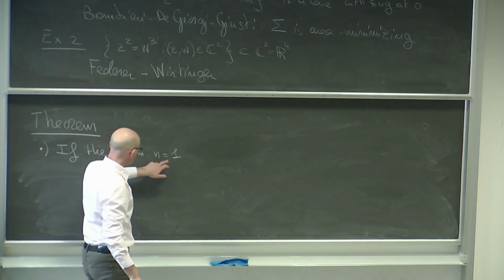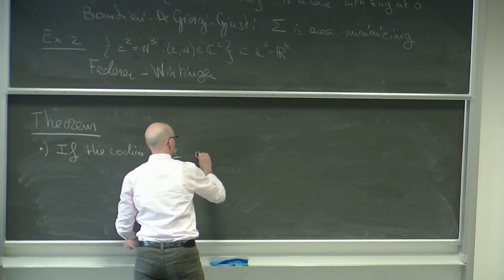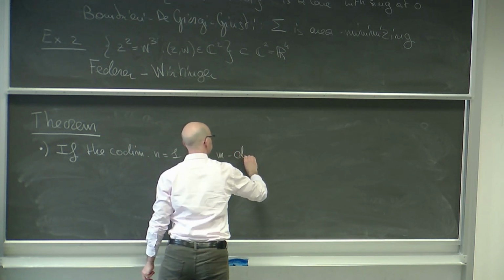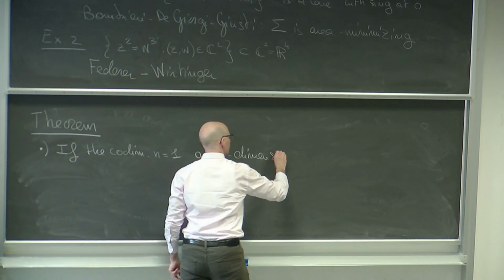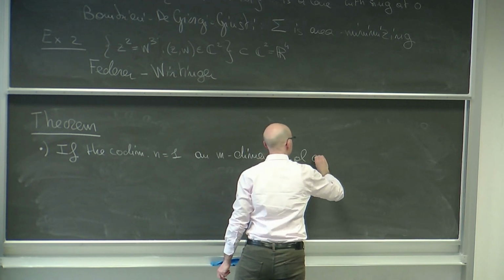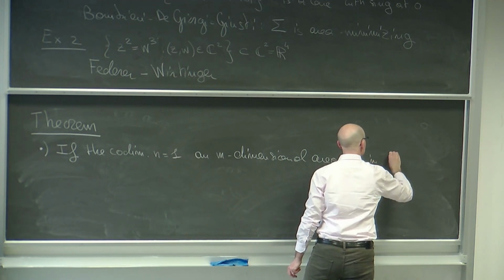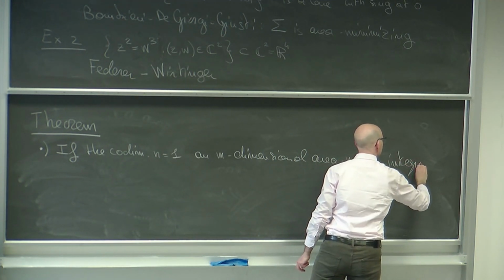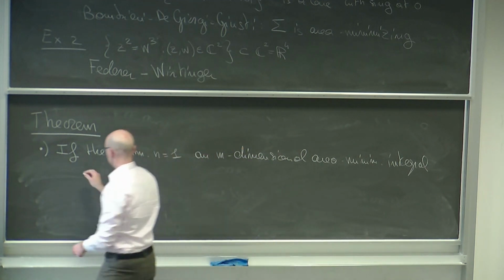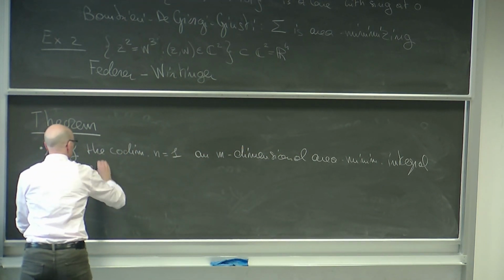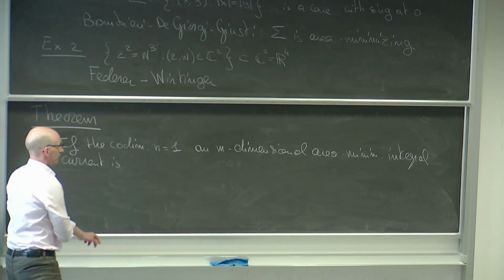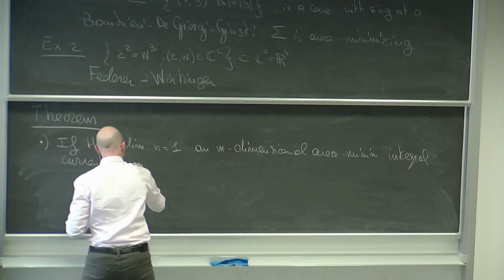So if the codimension n equals 1, an n-dimensional area minimizing integral current is regular.